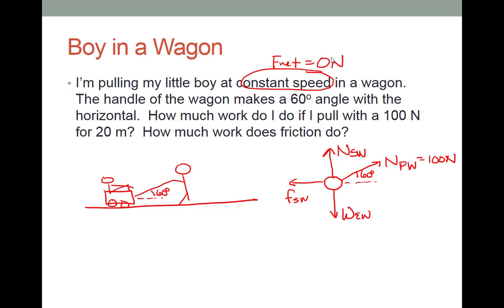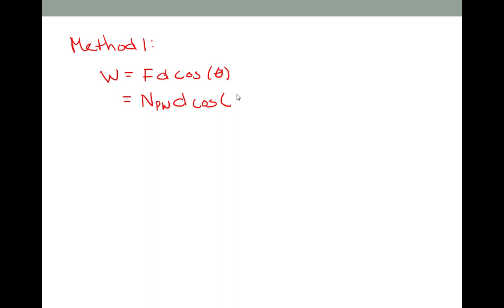There are two ways to approach this problem, and both are valid. So the first way is to just use the definition of work. Work is F d cosine theta. In this case, the force is the normal from the person on the wagon. We've got the distance, and now we need the angle.